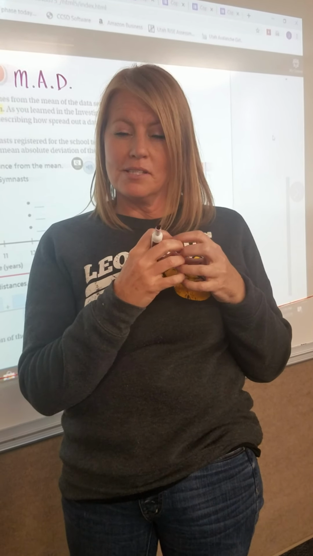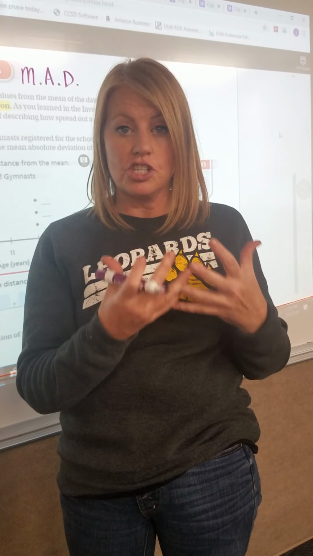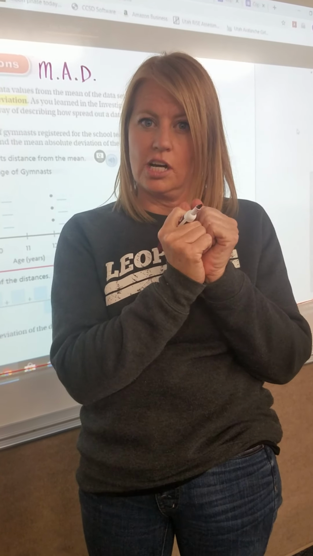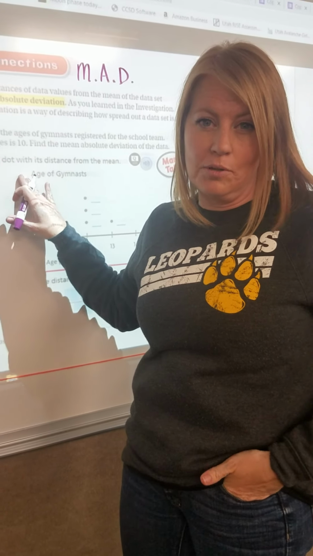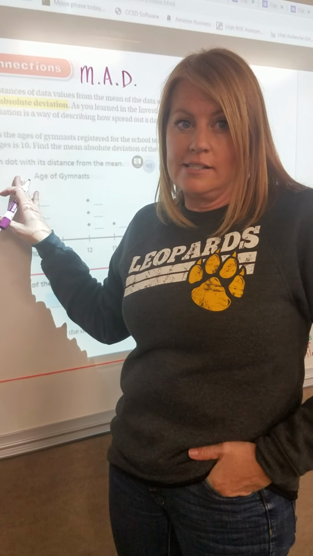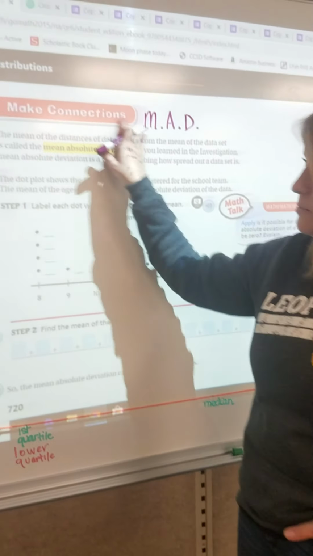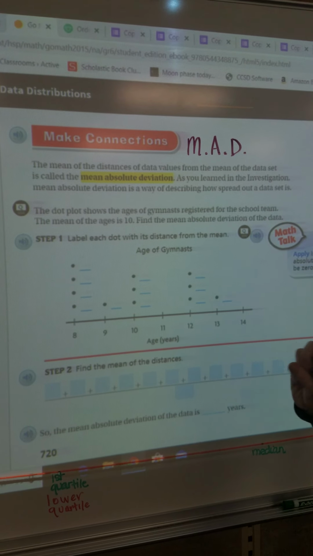The mean absolute deviation is a way that we can know for sure if data values are spread out or really scrunched together. This example in our book shows us that, which is why it says make connections.